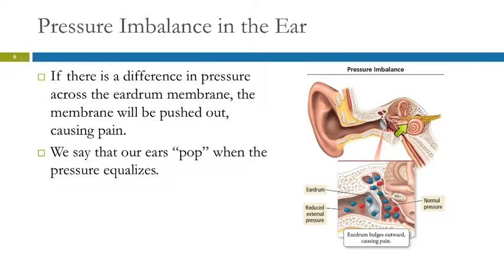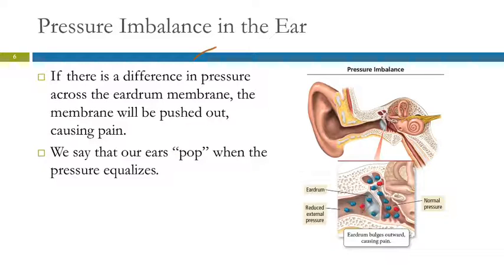Well, inside your ear there is some air, and that is connected to the inside of your throat through the eustachian tube. What happens as you go up in altitude, the reduced atmospheric pressure causes the pressure on the outside of your eardrum to be less than the pressure on the inside. This is still normal pressure where you came from.